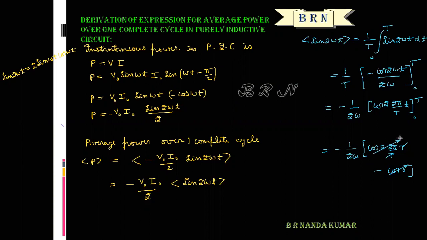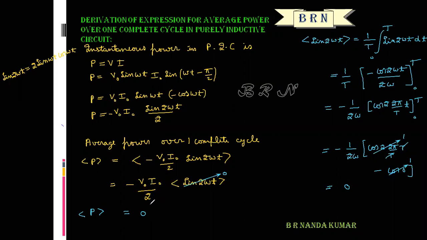Cos even multiples of pi is plus 1. So this value is 1 and this value is also 1. 1 minus 1 is 0, and 0 times anything is 0. So the average of sine 2 omega t is 0. Average power over one complete cycle in purely inductive circuit is equal to 0.